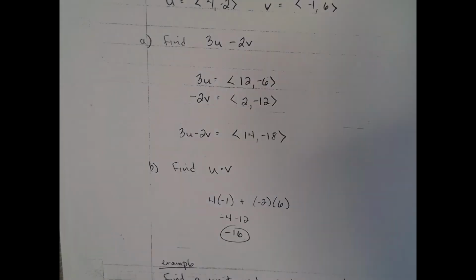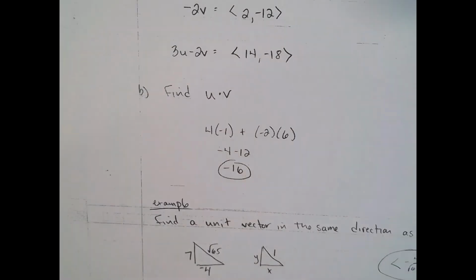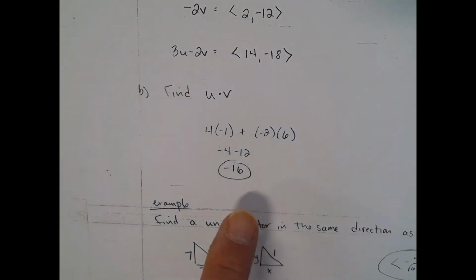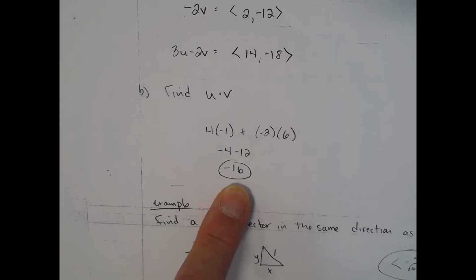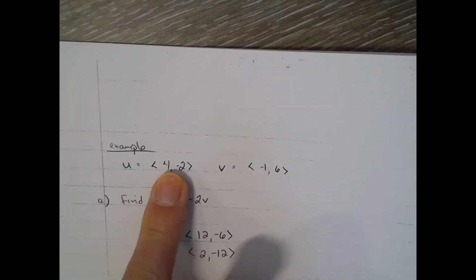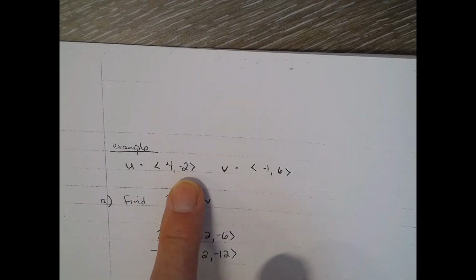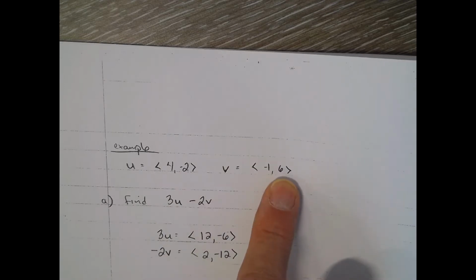u dot v is called a dot product. It's not times. You do one vector dot another vector, and you get a scalar result. A scalar is just a magnitude. It's how big something is, but it does not have a direction. So u dot v is 4 times -1 plus -2 times 6.